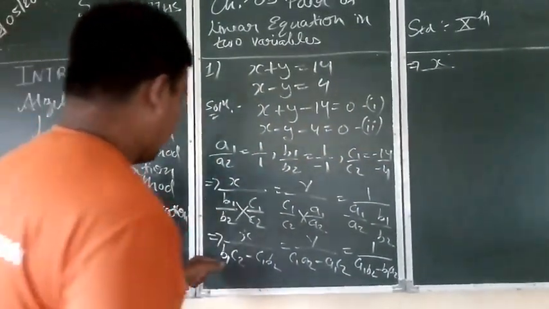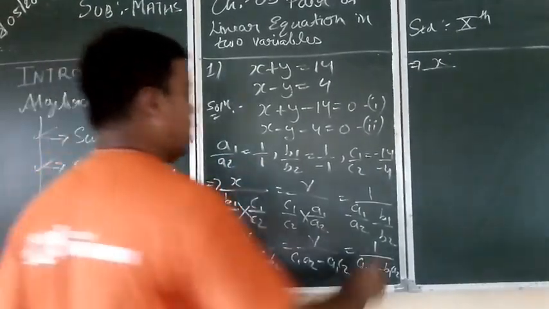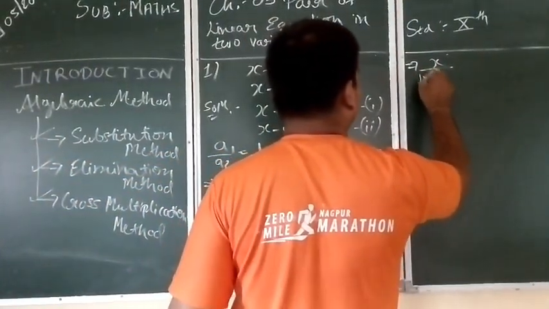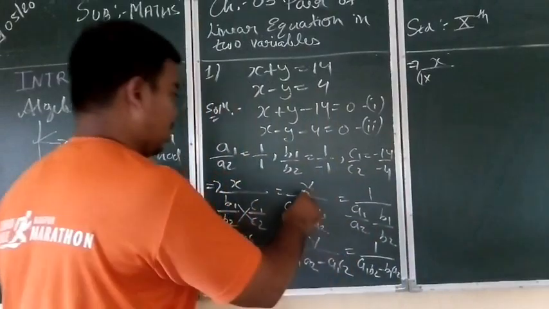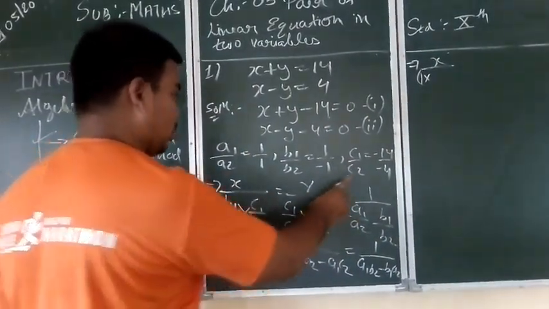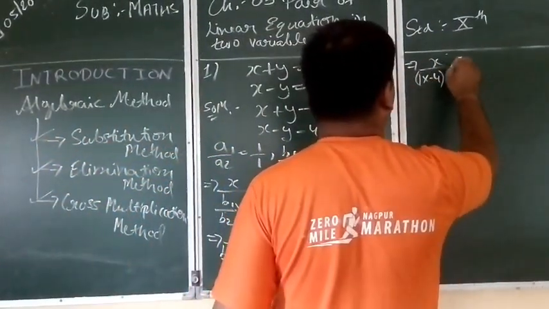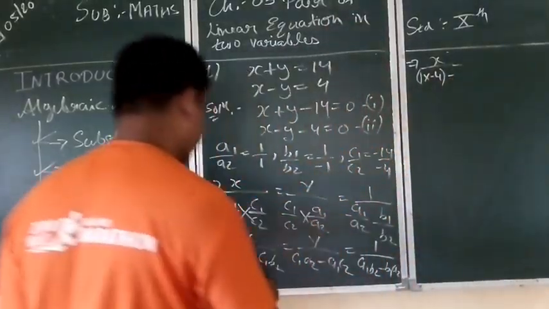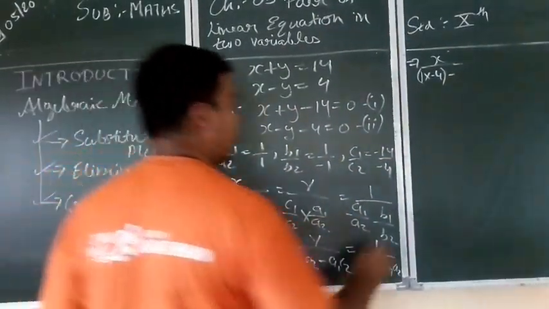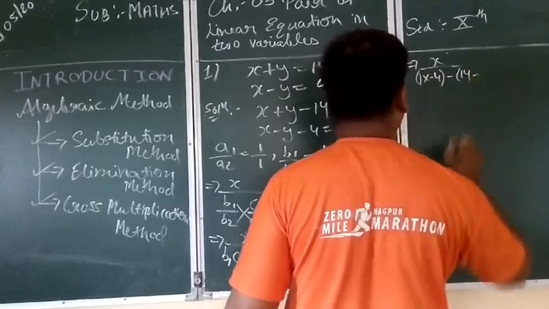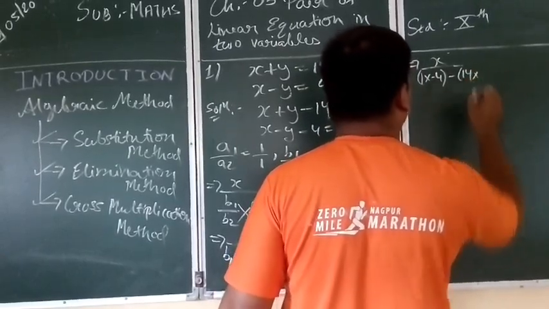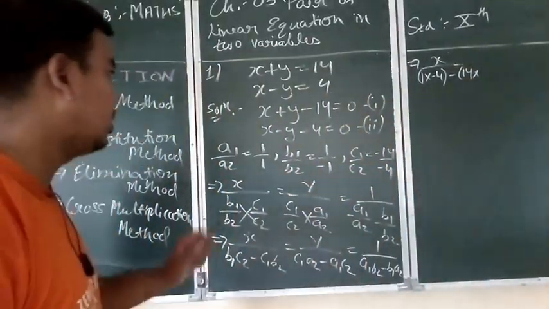Now for x, what is the value of b1? b1 is 1. c2 is minus 4, then minus sign, c1 is minus 14, and b2 is minus 1.